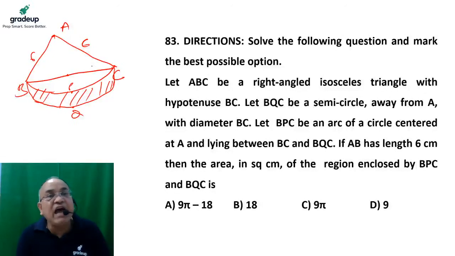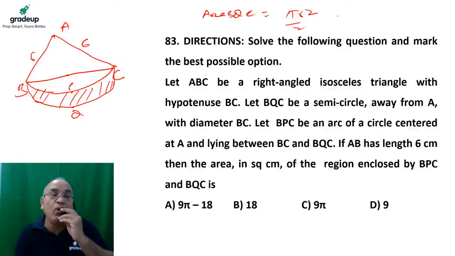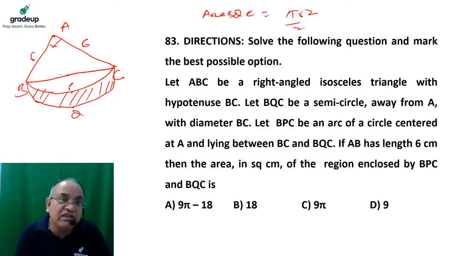Take BC as diameter. BC is the diameter of the semicircle BQC. So the area of the semicircle BQC is pi r square by 2. And the length of BC, because it is a 90-degree triangle, with sides 6, is 6 root 2.